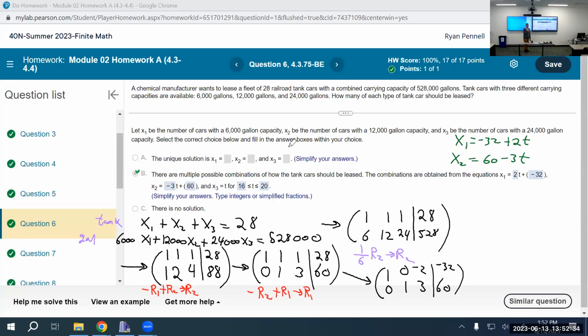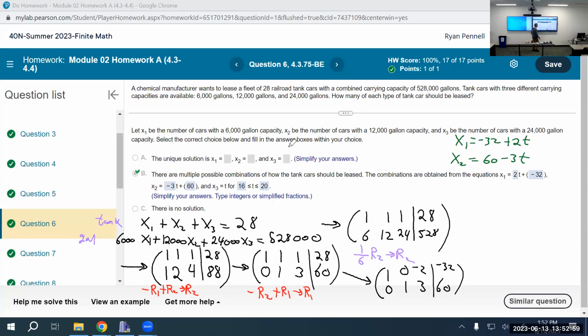They have to be in a positive amount of things. So you could have 0 of tank car 2, but you can't have a negative amount of tank car 2. Or think of jazz tickets. You can have 0 of this type of ticket, but you can't have a negative amount of tickets.